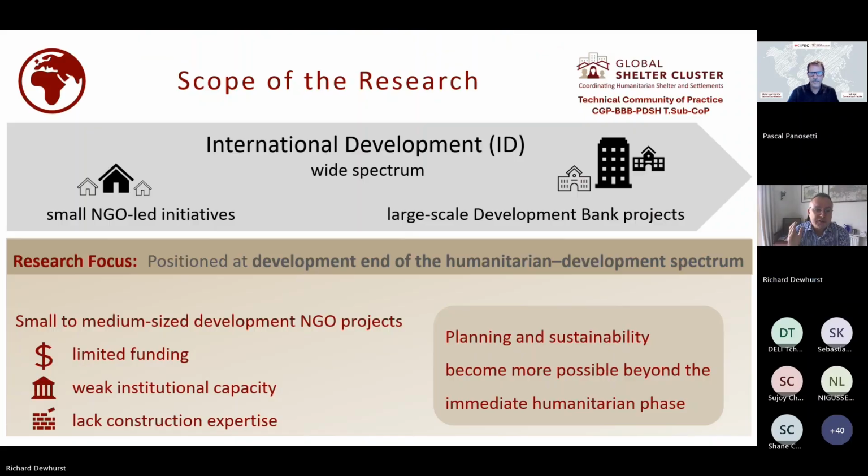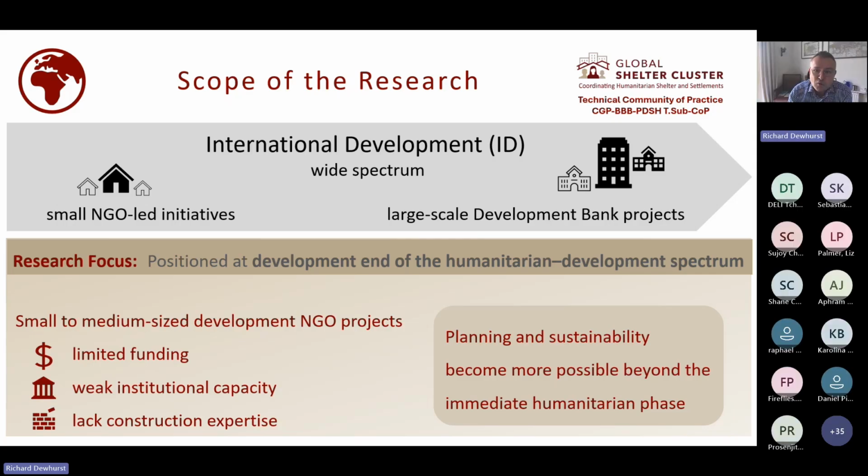So the scope of the research. International development covers a really wide spectrum ranging from small NGO-led projects up to large-scale dams and huge infrastructure projects by development banks. And for my research, I've focused on the smaller scale construction projects because they face unique challenges: limited funding, weak institutional capacity, they lack expertise.